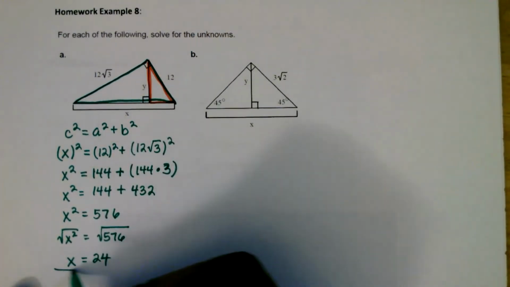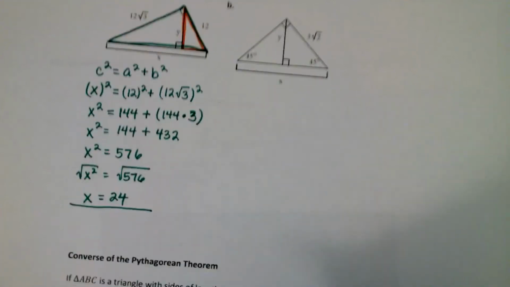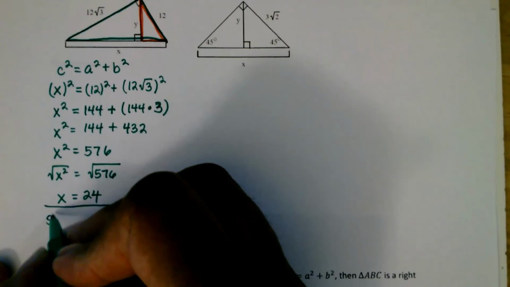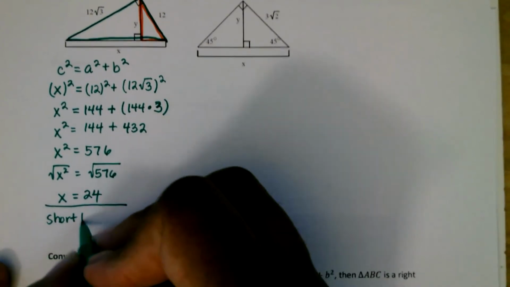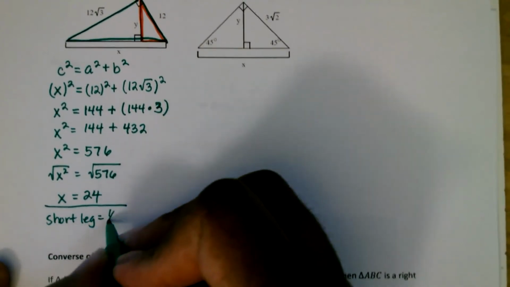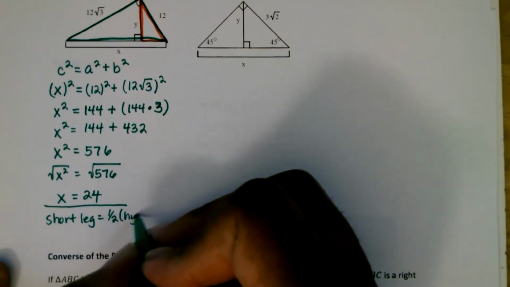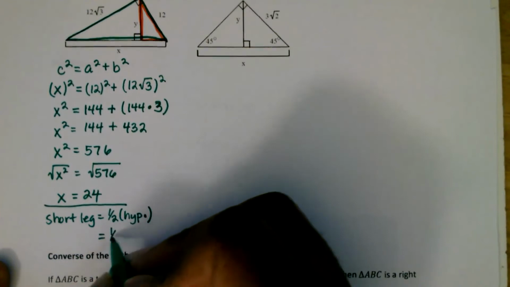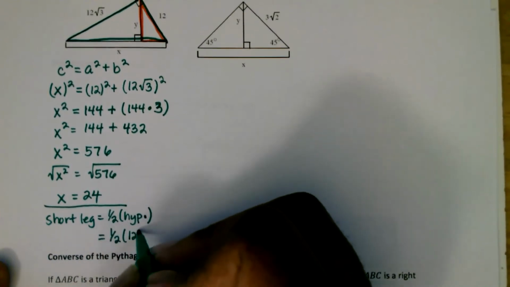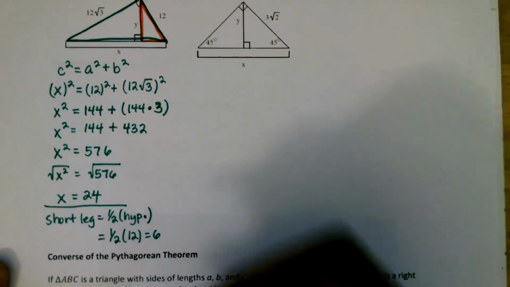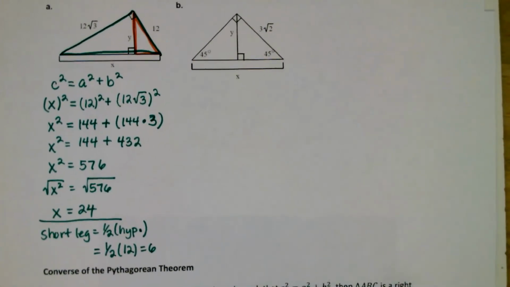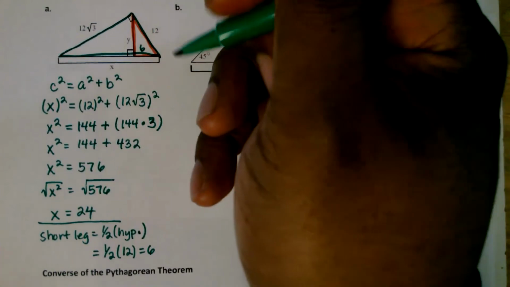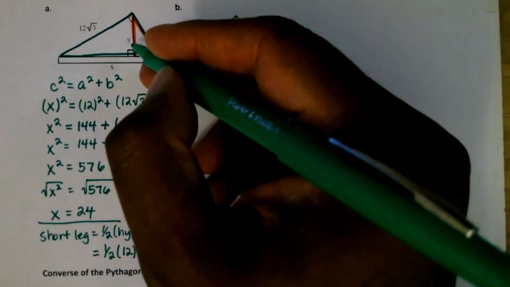So in this case here, and unfortunately I don't have enough room here, the short leg equals 1/2 the hypotenuse. I'm going to abbreviate here. So if I take 1/2 of 12, that would give me 6. So this length here is going to be 6. And that's what's going to help me find out what y is.